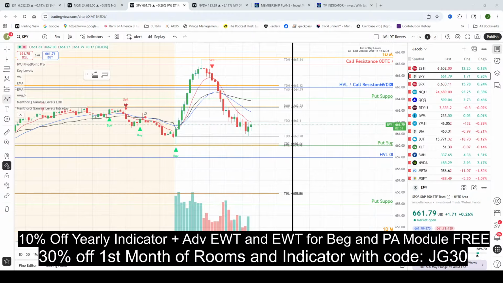Yeah, we're still on a 662 strike if we do get a buy signal down here.